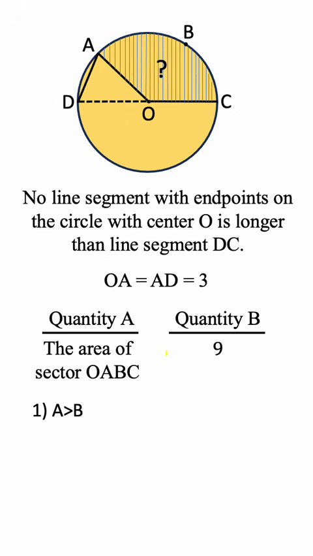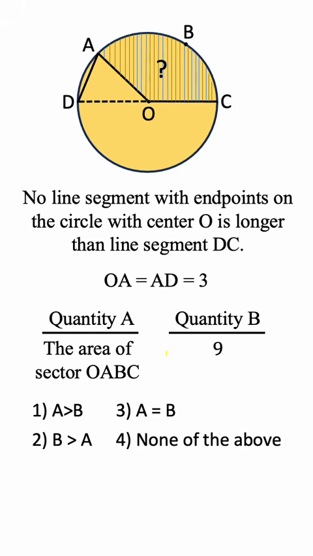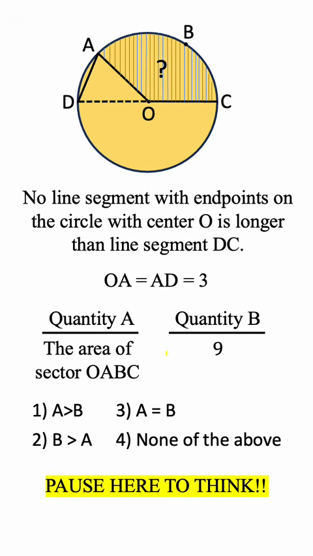We need to find whether one of these quantities is greater, or they are equal, or we cannot say anything about them based on the given information. I recommend you pause here for a moment and try to answer this question by yourself. I'll go over the answer in the next slide.